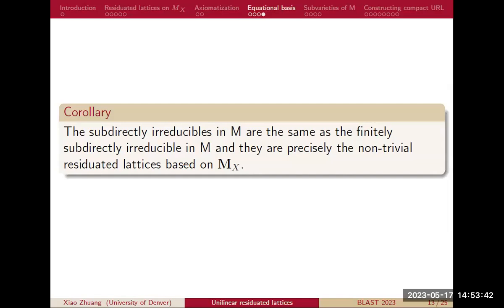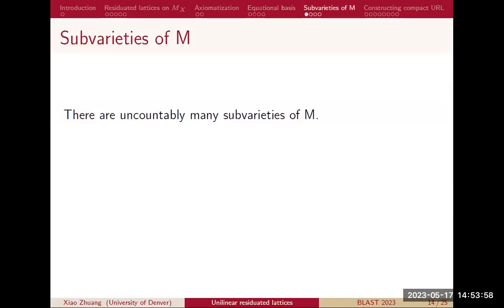So all the finitely subdirected irreducible ones are exactly the subdirected irreducible ones in the variety, which are just the restricted lattice of M squared X. Okay, this is a little bit of content about the variety.